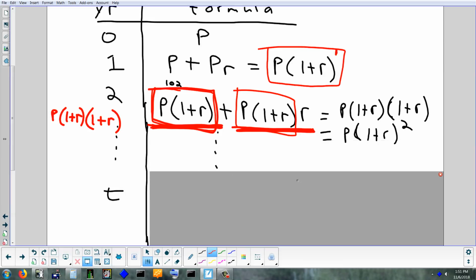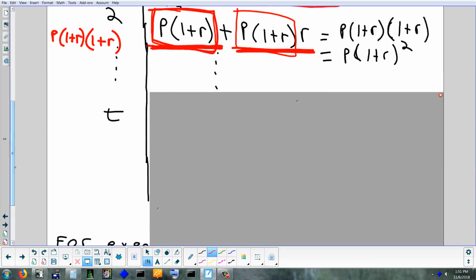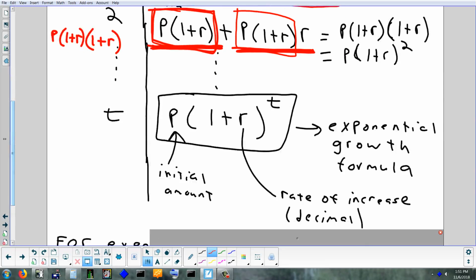If we went all the way out t years, what do you think my formula would be for that? Yeah. P times 1 plus r to the t. Exactly. That's your exponential growth formula. So P is an initial amount. R is the rate of increase as a decimal. And t is your time.